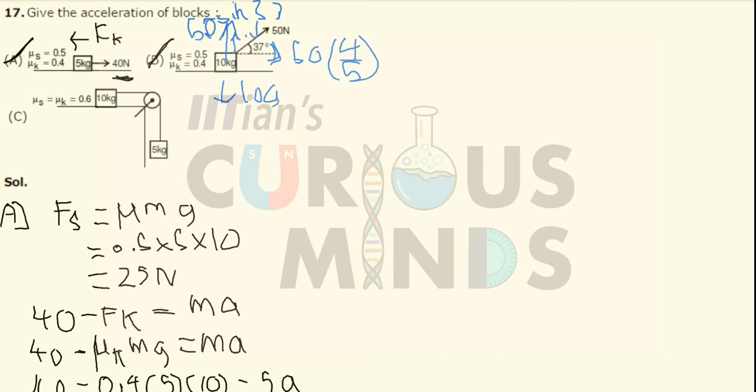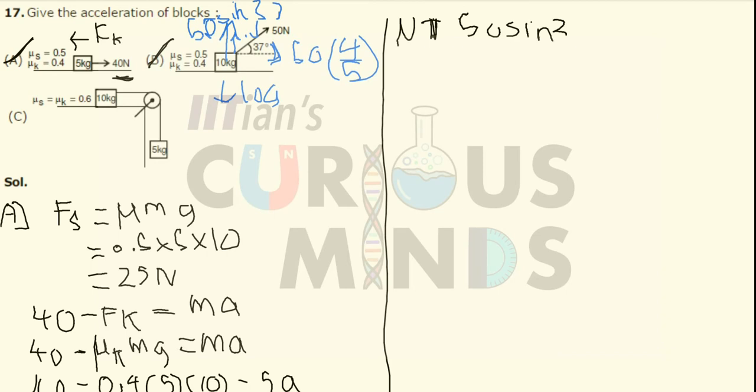So in the second case, that is for block B, the normal force N plus 50 sin 37 is equal to 10 into g. This will give the normal force.